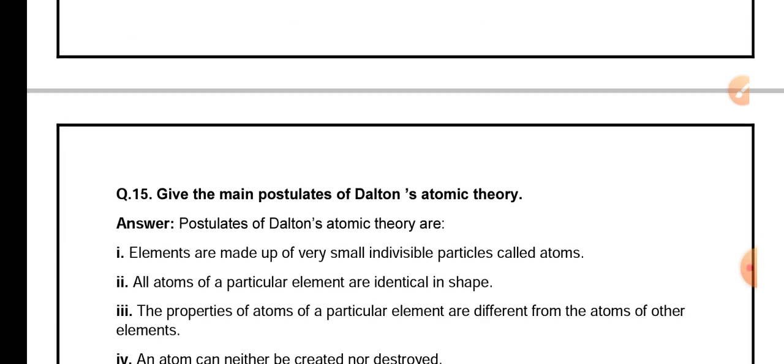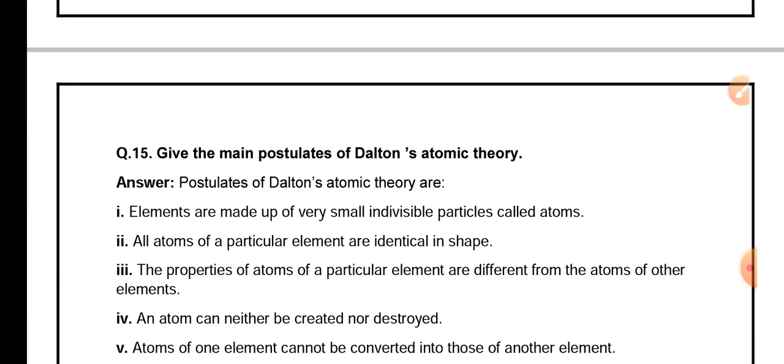Give the main postulates of Dalton's atomic theory. Postulates of Dalton's atomic theory are: elements are made up of very small, invisible particles called atoms. All atoms of a particular element are identical.